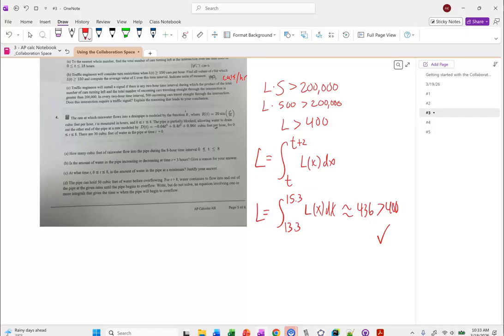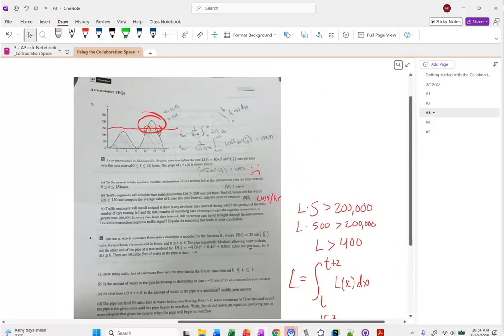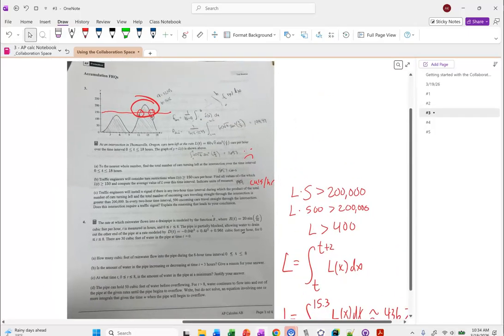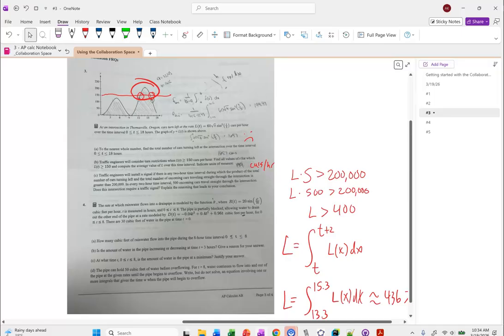So again, there wasn't a great way to do that. I just took about one less than the 12.4 and about one more. I wanted to group inside of that interval where the average value was 199.